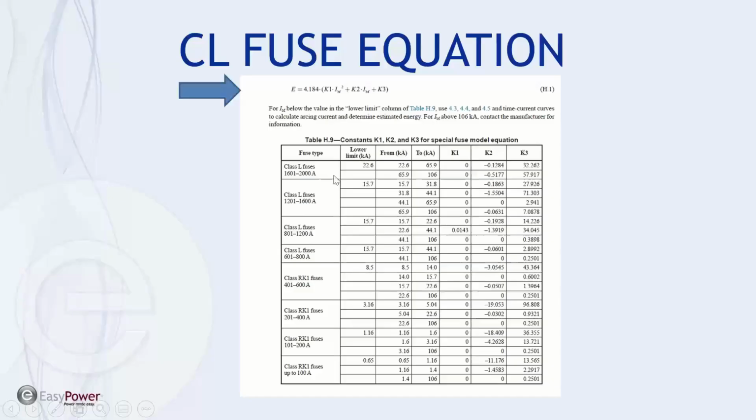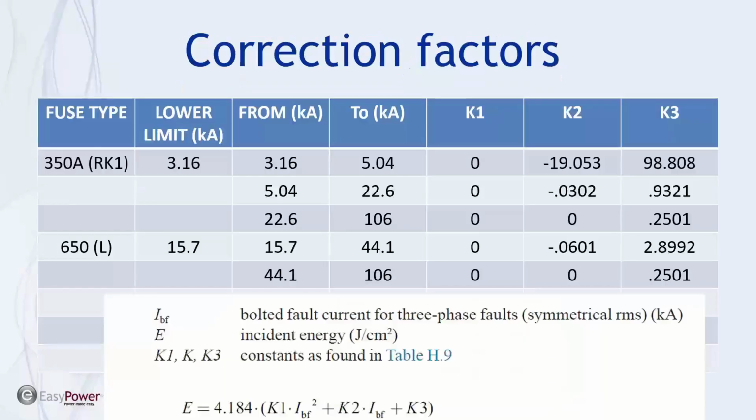So what it amounts to is based upon the current that you have, you use that particular correction factor for that insertion in the equation, and this will give you the energy calculation. And so it's a fairly complex arrangement, and that's part of the reason why I suggest you don't necessarily deal with it on your own, but it's easy to see how EasyPower applies them.